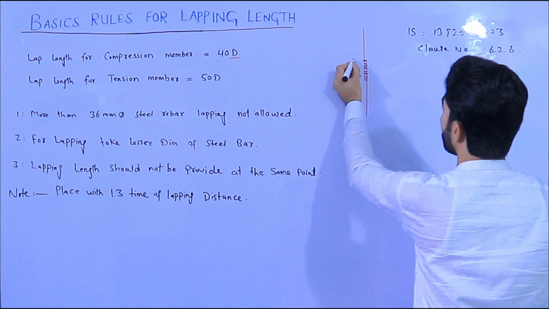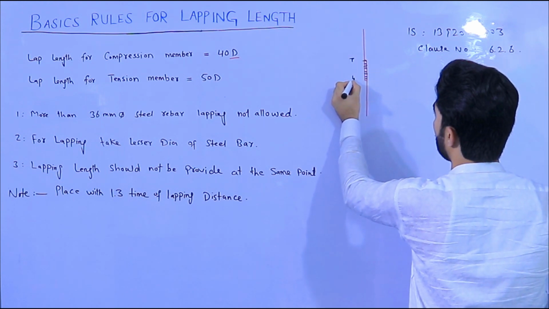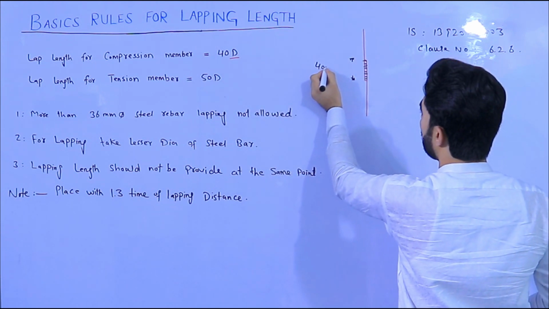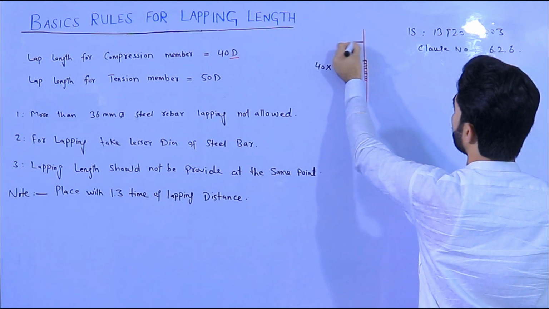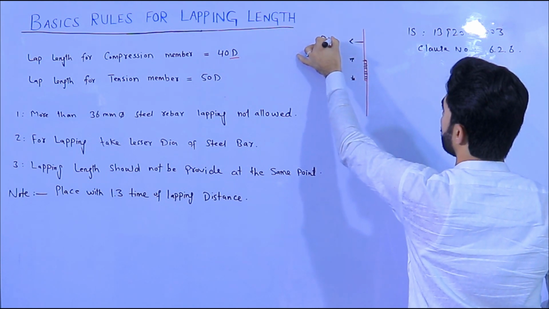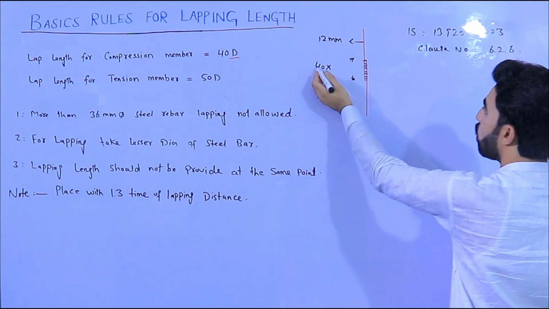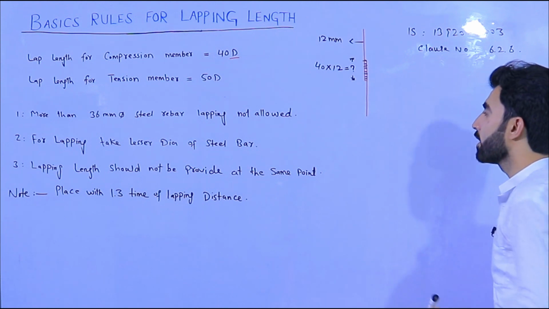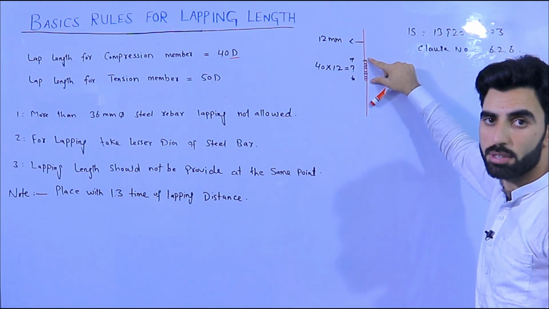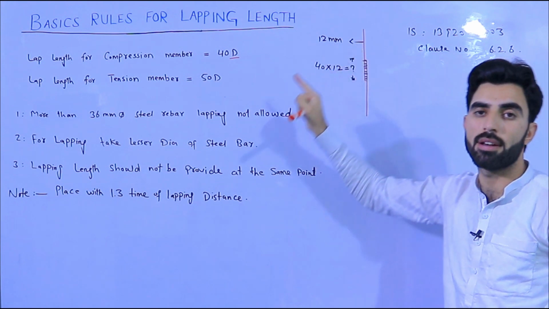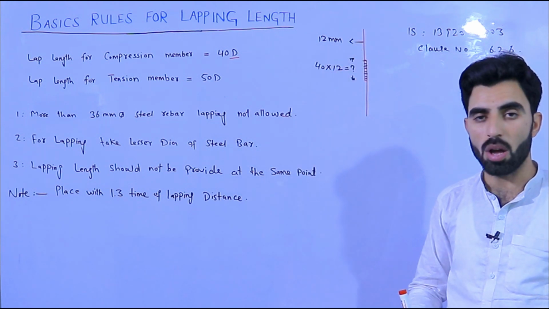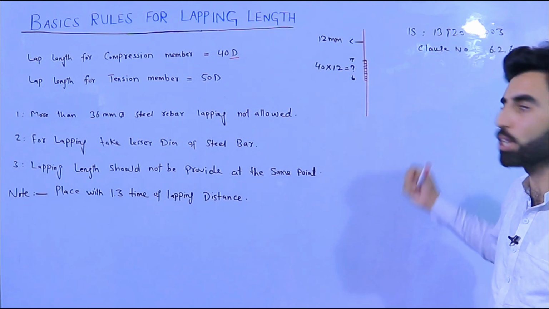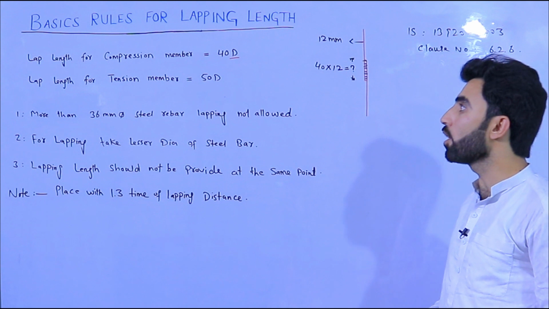You can get the length of this lapping with the help of 40D, where 40 is multiplied by the diameter. For example, if the diameter is 12 millimeter, then 40 multiply 12, so this should be the distance of lapping in a compression member, where D is the diameter of the steel bar, the longitudinal diameter, or that steel bar diameter which you are using in the compression member. This is the formula for compression member.